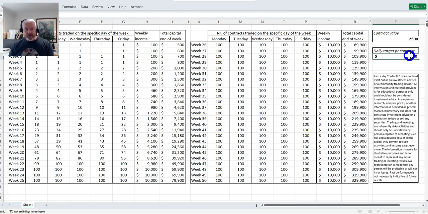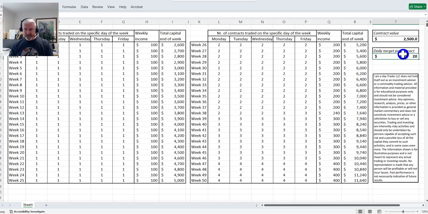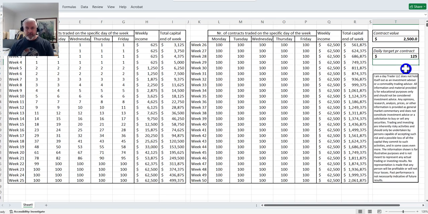A sensible target is 25 ticks a day net after commissions and after any losses. That's basically 4 to 5 quick scalps. And look at the potential you've got there within 12 weeks: 5,000 plus a week income.